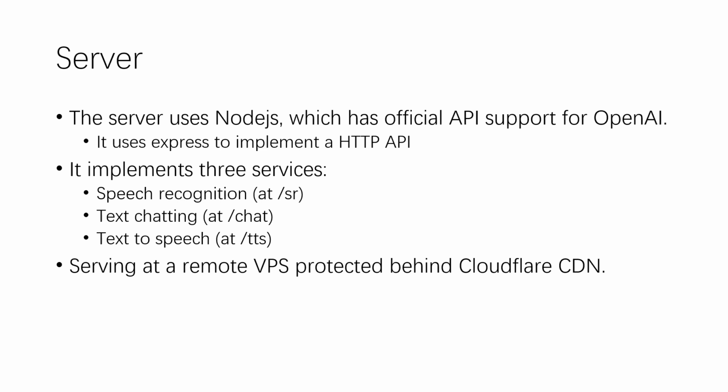The first one is speech recognition at the path SR, and the service of text chatting at the path chat, and finally the service of text-to-speech at the path TTS. The server serves as a remote VPS server protected behind Cloudflare CDN to prevent any attacks, including DDoS attacks.